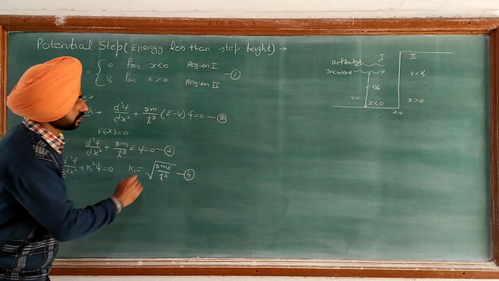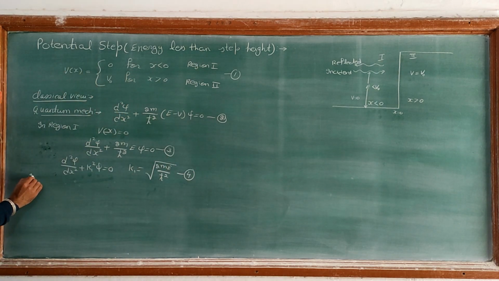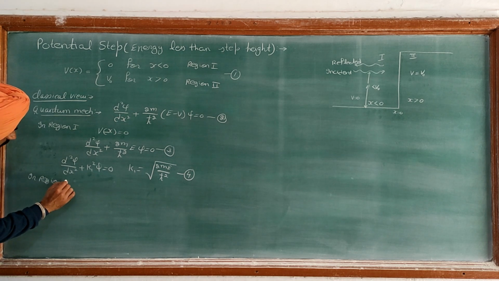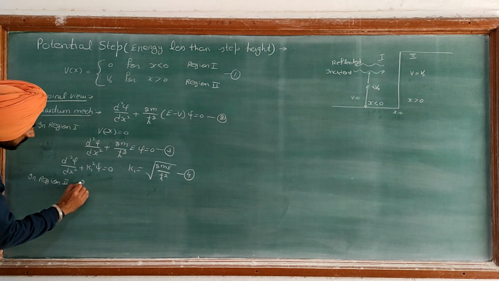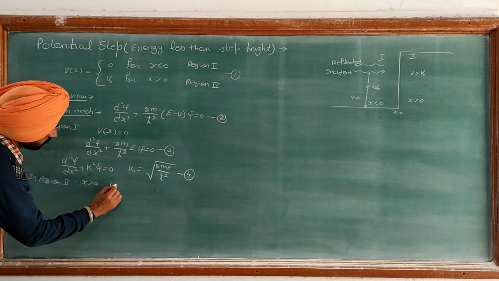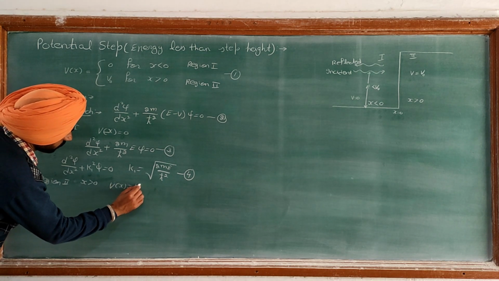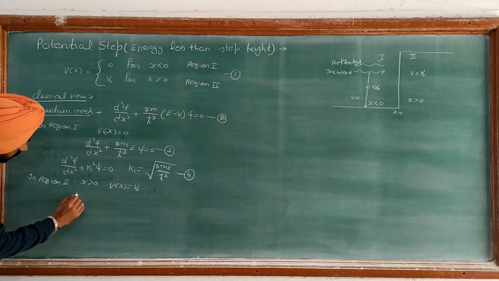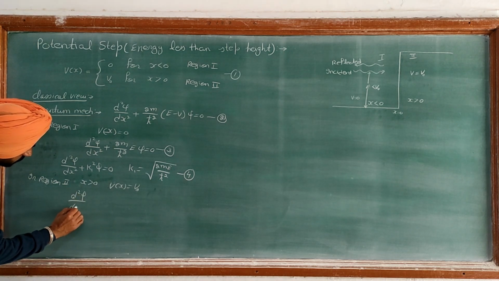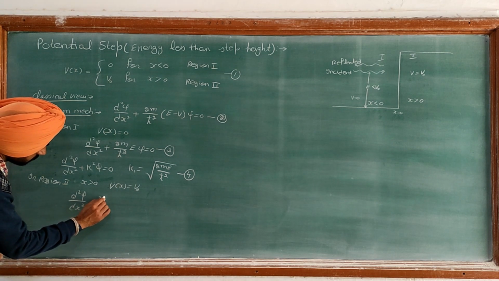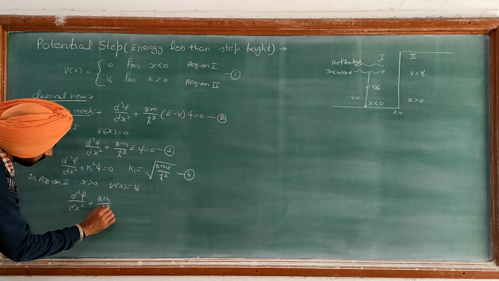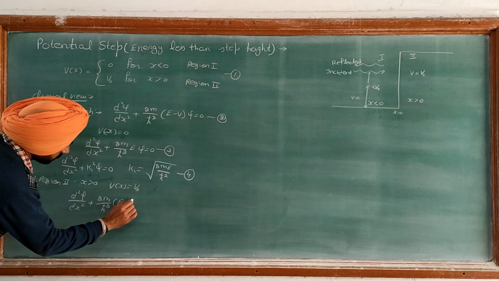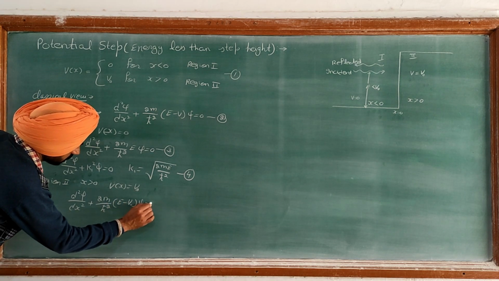In region 2, that means x greater than 0, V(x) is equal to V naught. So we substitute this value V naught: d square psi upon dx square plus 2m upon h cut square (E minus V naught) into psi equal to 0.